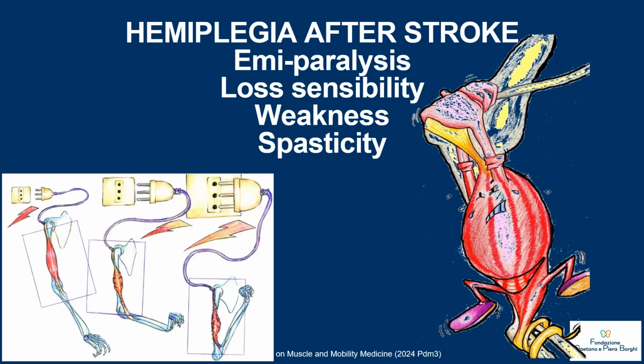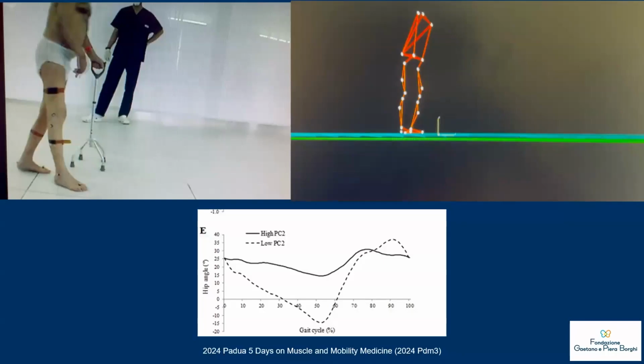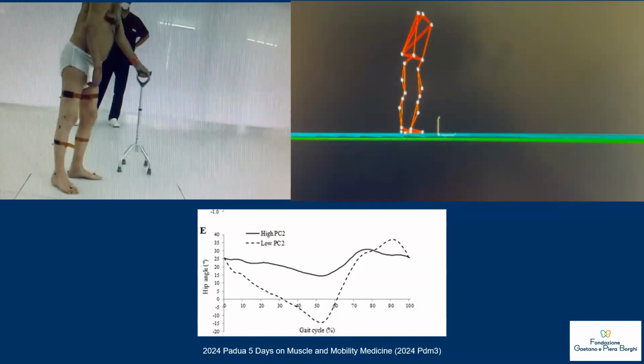Spasticity is the great enemy of functional restoration of mobility, because it is an increase of stretch reflex and is velocity dependent, and it gives a stiffness of the joint, and the patient is very impaired in movement.